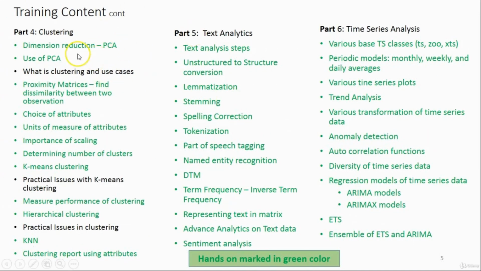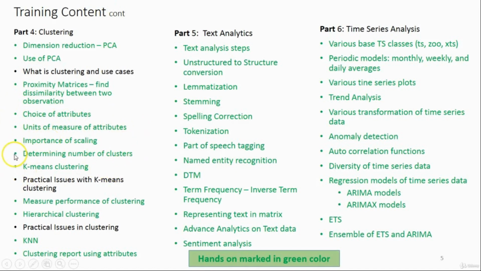And then we'll move on to clustering. In clustering we'll try to understand PCA, how to use PCA, various types of clustering, and the use of clustering. Then when we go ahead and do the clustering, how do we choose the attributes, and how do we determine the number of clusters.